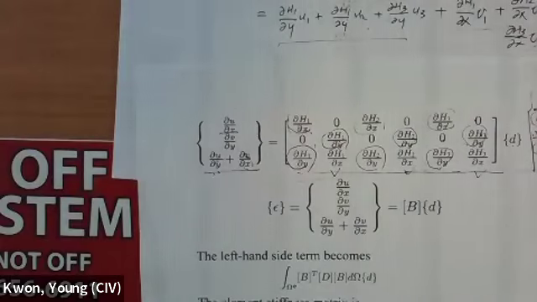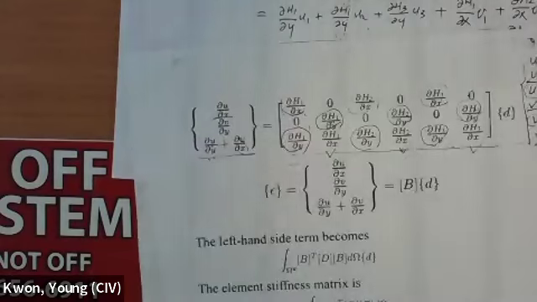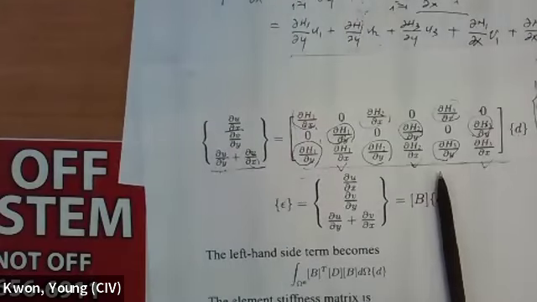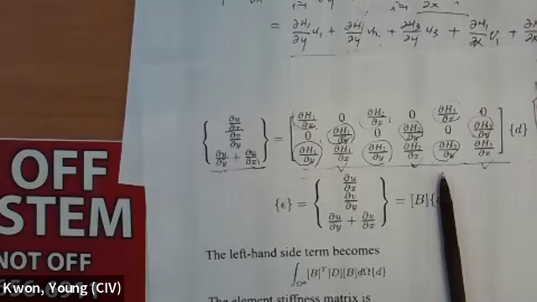Any questions so far? It looks complicated, but soon you are going to see that this is very obvious, and then you can manipulate this one for not only the triangular element, but the quadrilateral element, and also extend it to 3D problems too, without any difficulty.